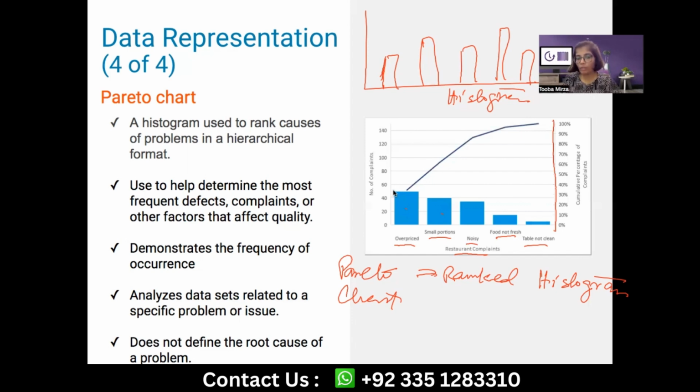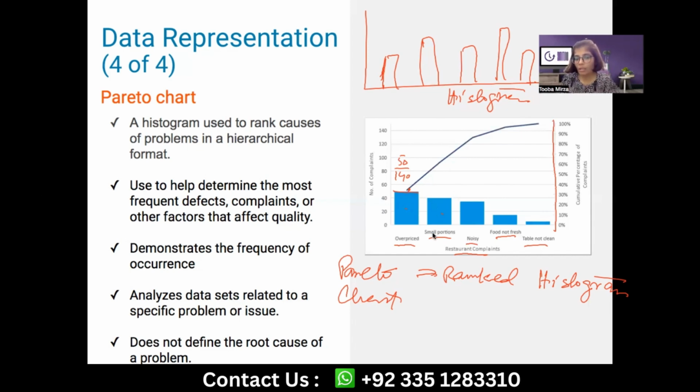For instance, if overpricing complaints are 50 and the total data points are, I think, 140 or so, the cumulative percentage for this data point is 50 divided by 140, which is around 35%.